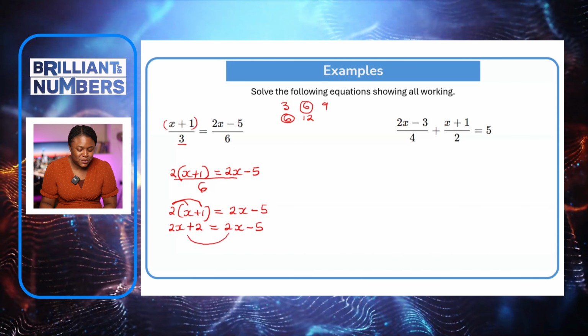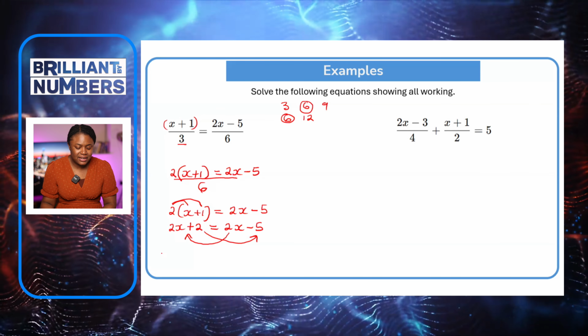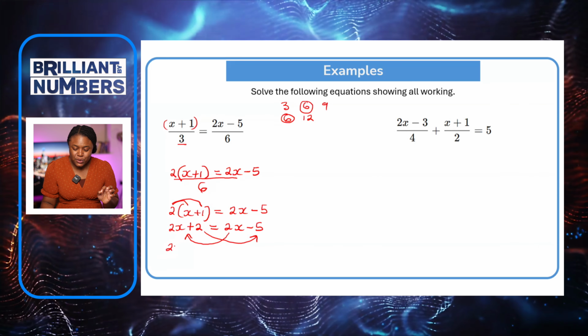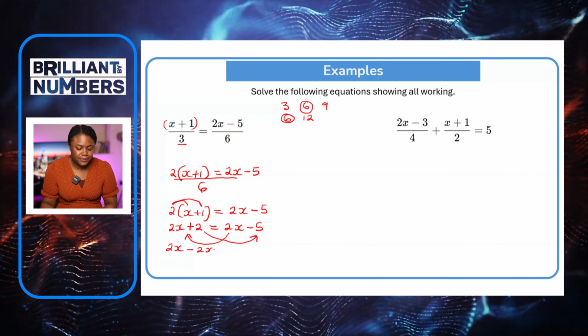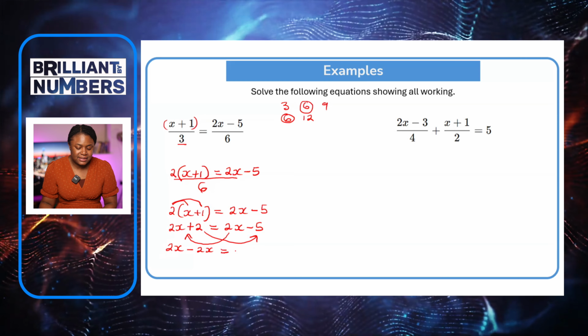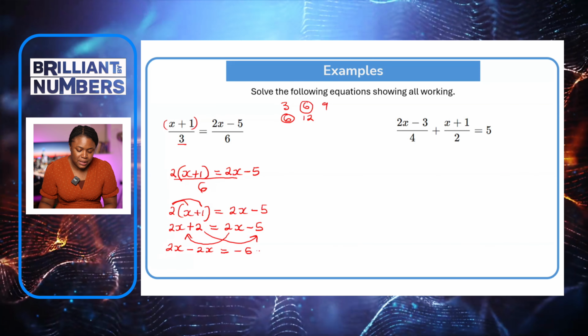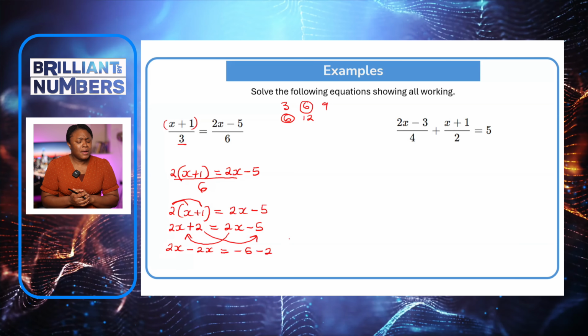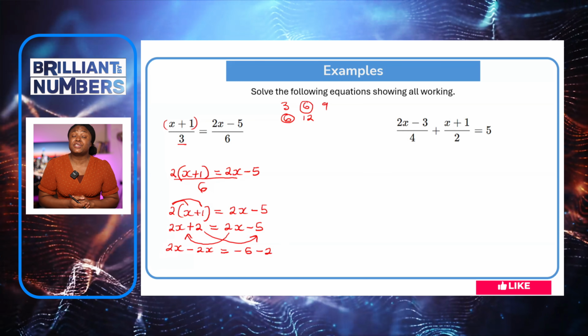I'm going to put my 2x here and my 2 to the right hand side. Now I will have 2x, this positive 2x will now be minus 2x equal to negative 5, and this positive 2 will now be minus 2. So 2x minus 2x is equal to 0.